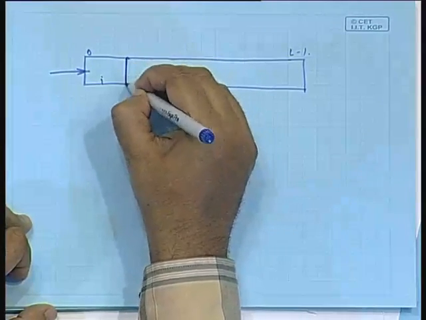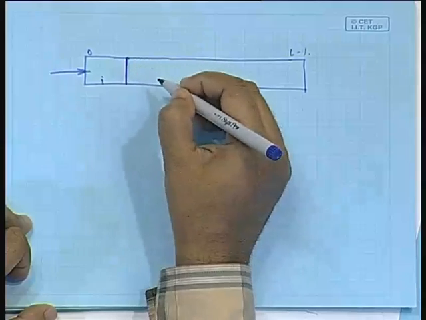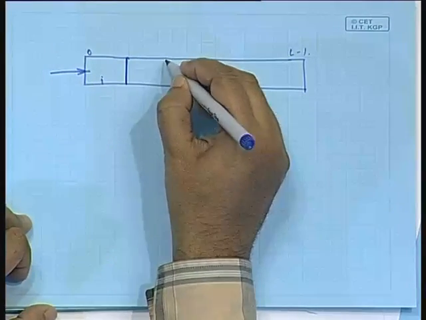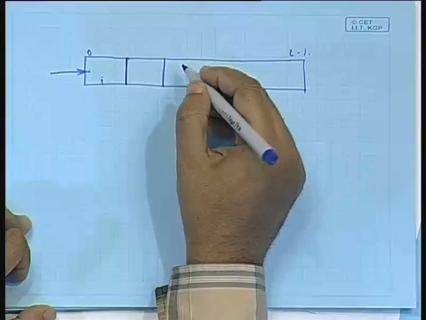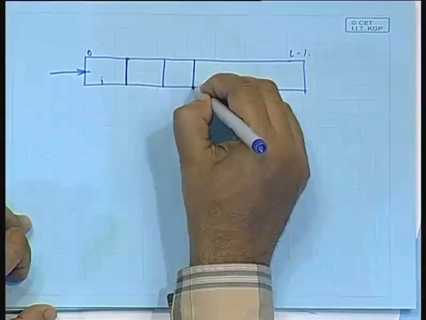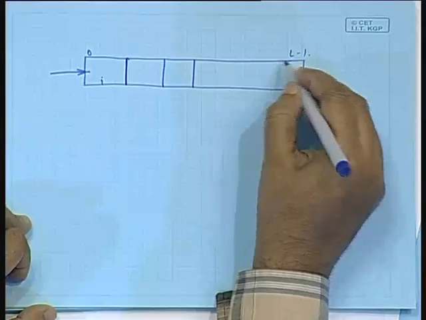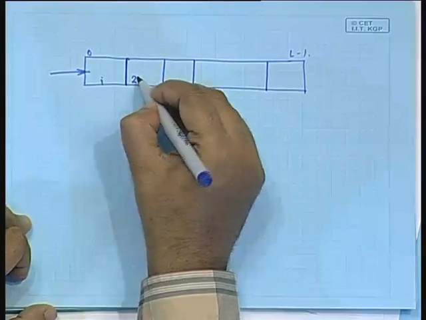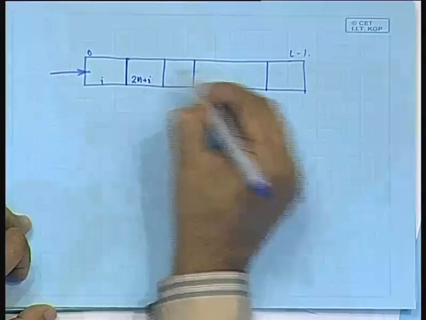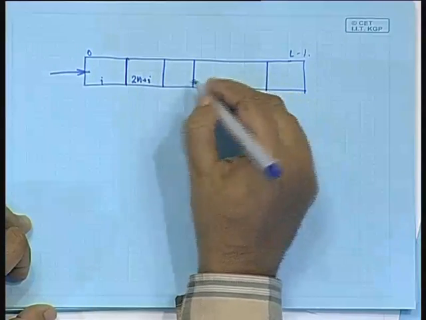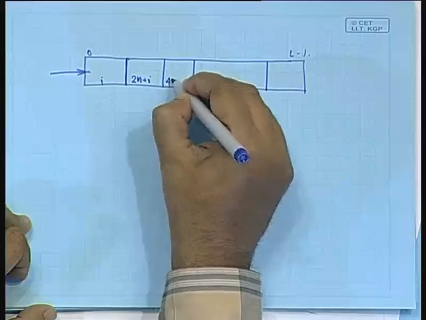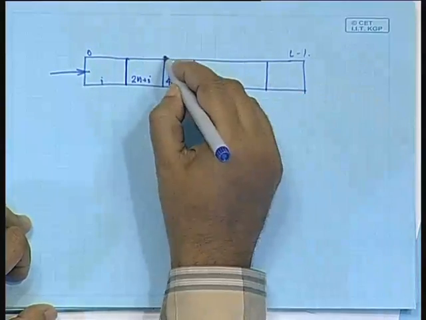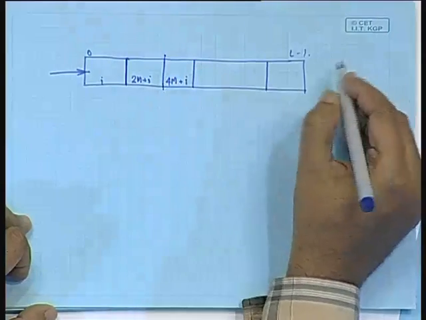So, we have here 2M samples gathered. The next 2M samples are gathered in this part of the buffer, and we index the samples in the second bank as 2M plus i. We index the samples in the third part of the buffer as 4M plus i, because up to here we already have 4M samples.